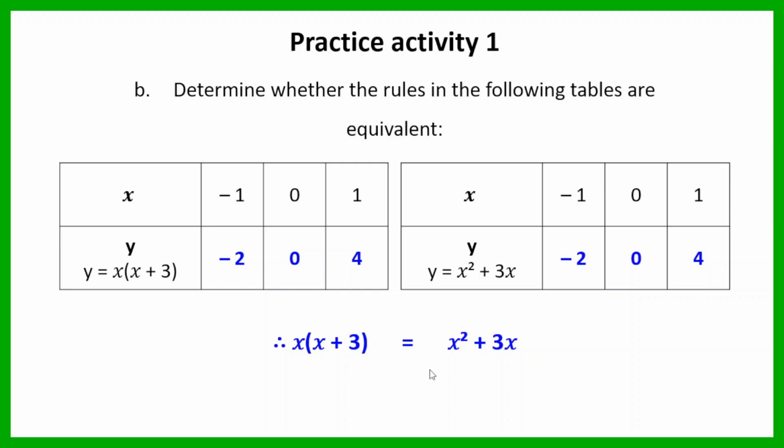But remember, you can't only test with one or even only two, because sometimes if you test with two inputs, you might get the same outputs, and then if you test with a third one, you might get a different one. So long as all of them give the same outputs, then you can say that they are equivalent to each other. Okay, so now let's have a look at our other method of determining equivalence.